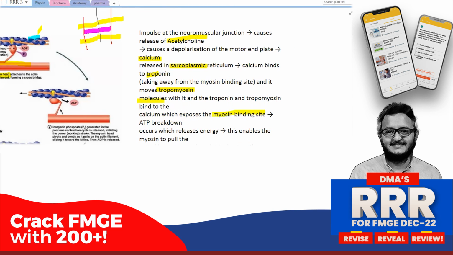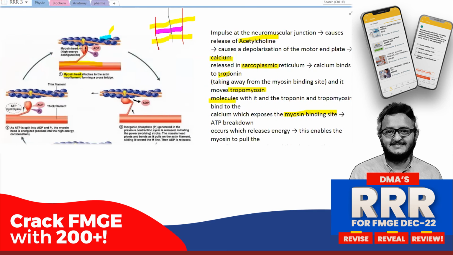So hope you guys are understanding. If this was the myosin binding site over here, from the red pen I can use, here was the myosin binding site, this red one. Guarding that, there was a bad person known as tropomyosin. Calcium came and tropomyosin was thrown out.